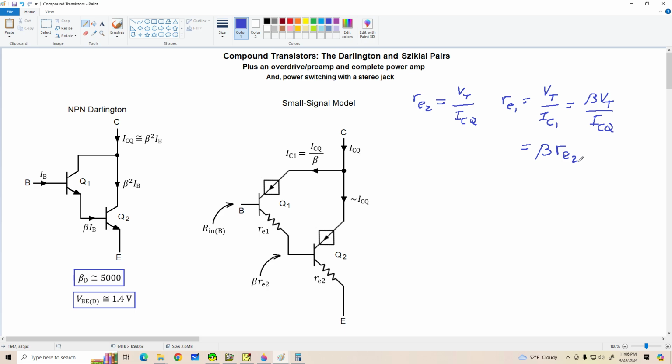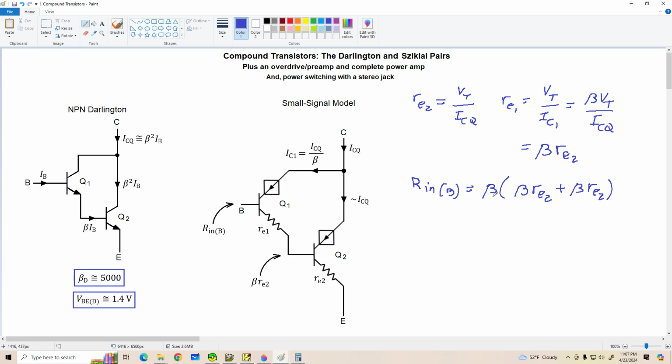All right, now looking into the base of Q1, here's what we're going to see. Rin to the base is equal to beta times little re1, but that's the same as beta times little re2, plus what we see down here, which is also beta times little re2.